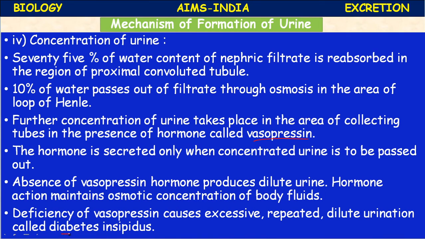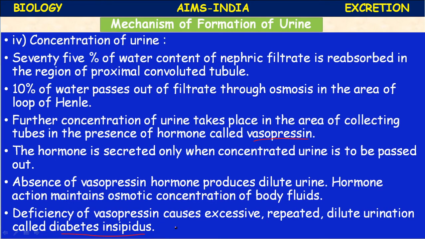Diabetes mellitus is another disease which is caused due to the deficiency of insulin secreted by the pancreas. But this diabetes is different from that. Diabetes insipidus means passage of excess urine or repeated urine, and dilute urine. Okay, these people cannot enjoy journeys.